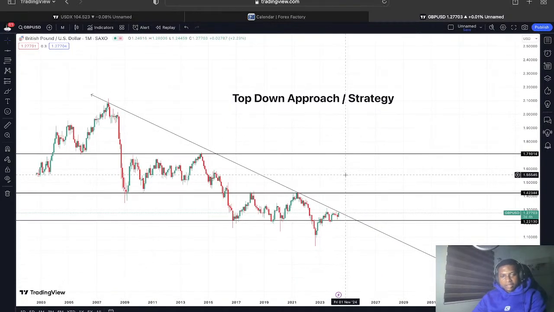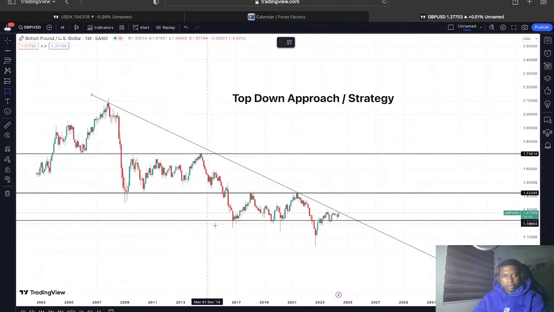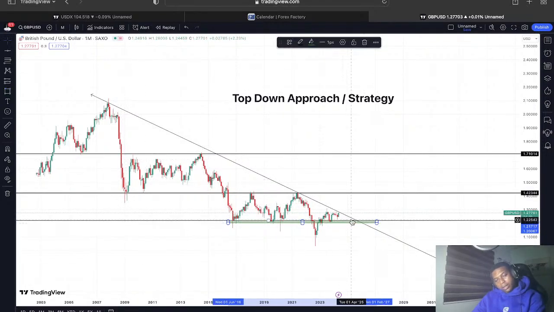And you can see that price is currently on that other level. So you can see how price has been consolidating on these levels.